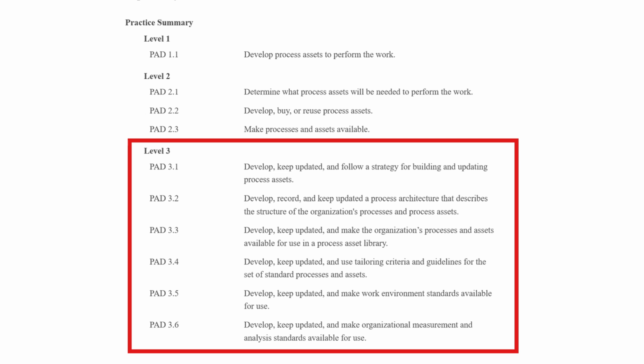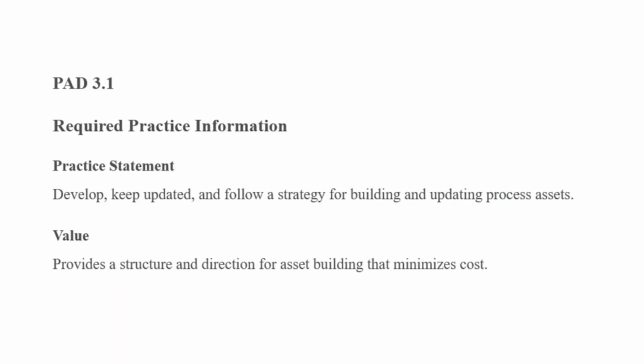At Level 3, the process work is performed on behalf of the entire organization rather than just at an individual project level. This requires a considerable degree more management and planning than is required at just a project level. The Level 3 practices reflect this increased focus, starting with PAD 3.1, which looks to establish a strategy for building and updating processes.